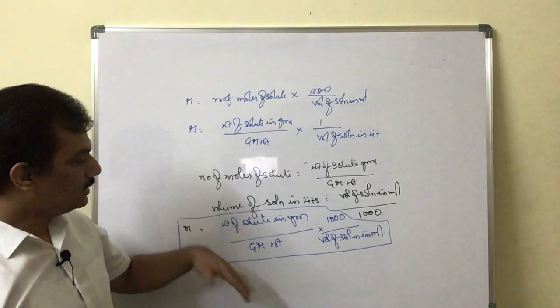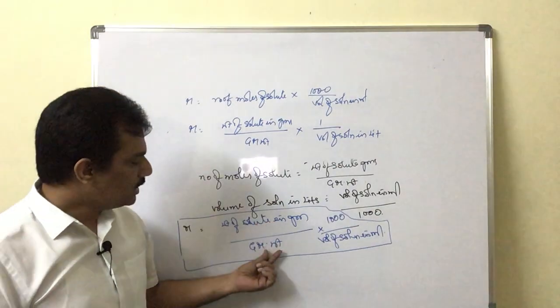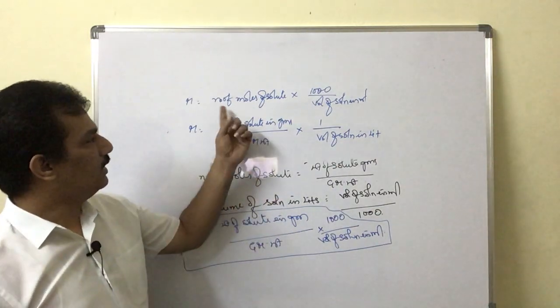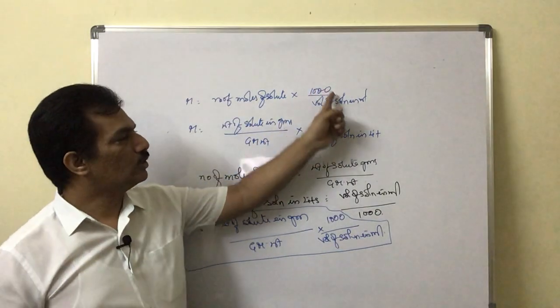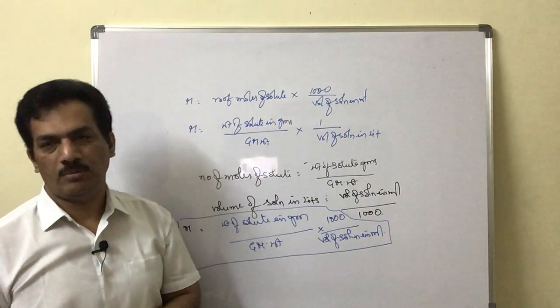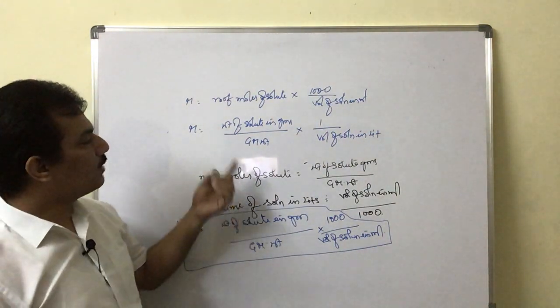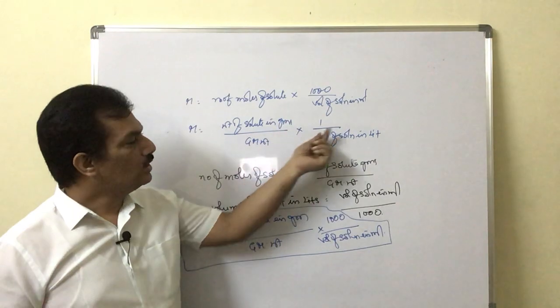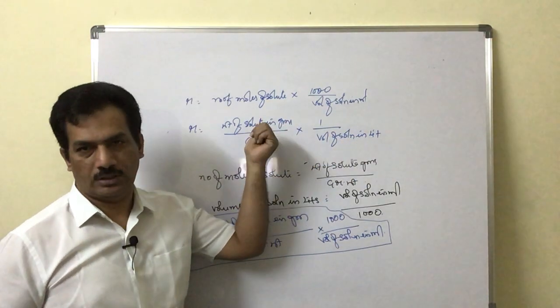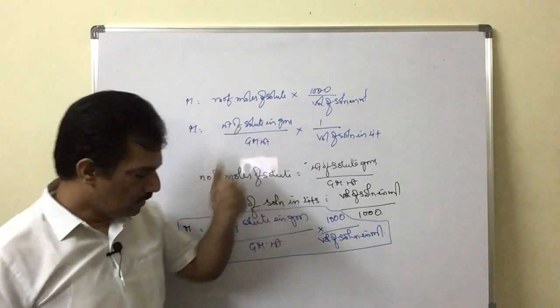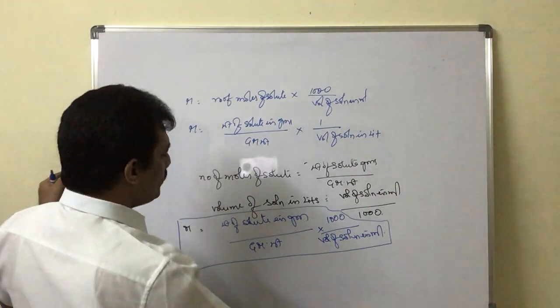Clear? The other offshoots: they may directly provide the number of moles, then it is number of moles of solute into 1000 by volume of solution in milliliters. In case they provide weight of solute and volume in liters, this is the formula. Clear?